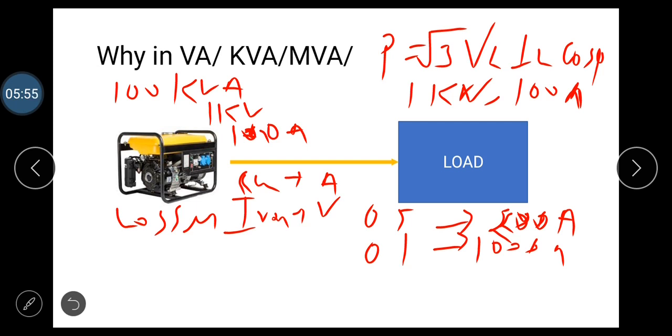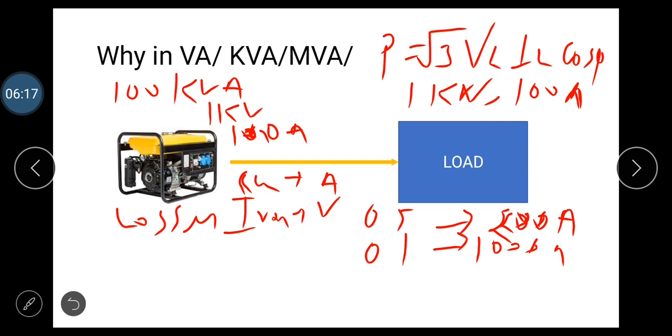But the current delivered from the alternator to the load will be 100 amps if it is unity, 200 amps at 0.5 power factor, and 1000 amps at 0.1.